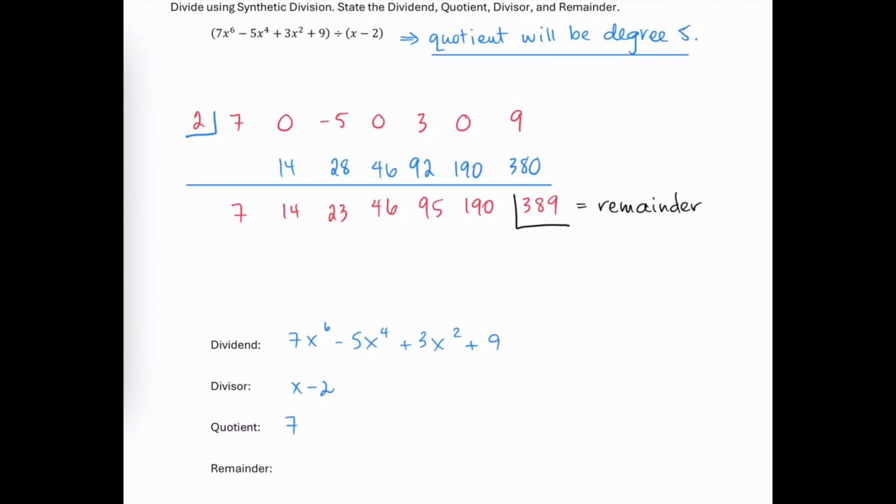So the quotient will be 7 as the leading coefficient on an x to the 5th power term, plus 14 is going to be the next coefficient on the x to the 4th power term, plus 23 is the coefficient on the x cubed term, plus 46 is going to be the next coefficient on the x squared term, plus 95 is the coefficient on the x to the first power term, and 190 is the constant term. And as we mentioned before, 389 is the remainder.